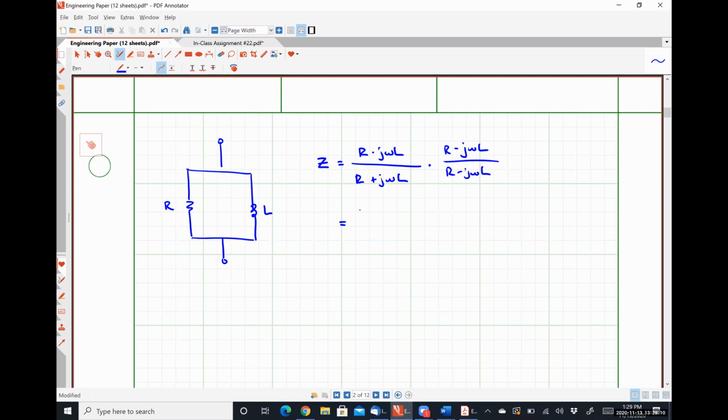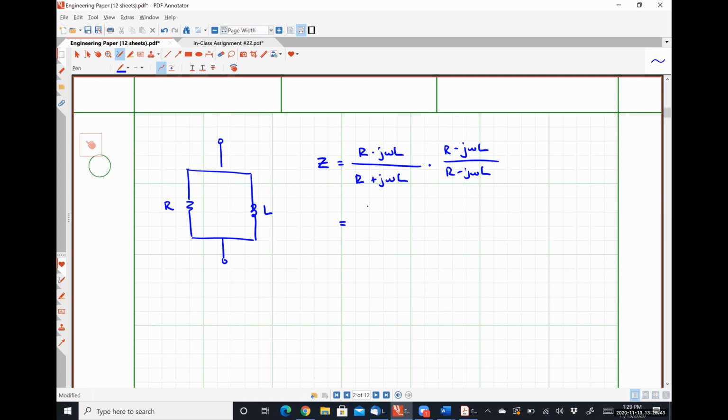So R squared minus J omega L R, so that's me multiplying this R by the numerator of the right-hand side. And then I'm going to have plus, hold on, let me make sure I'm doing this right. No, I was about to FOIL it out, but that doesn't make sense because this isn't adding.